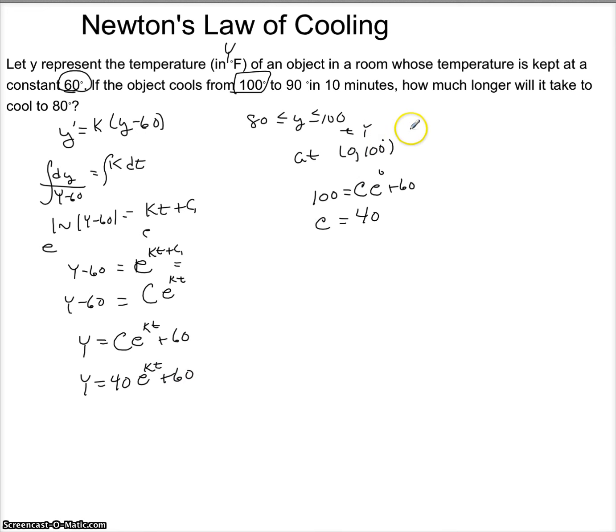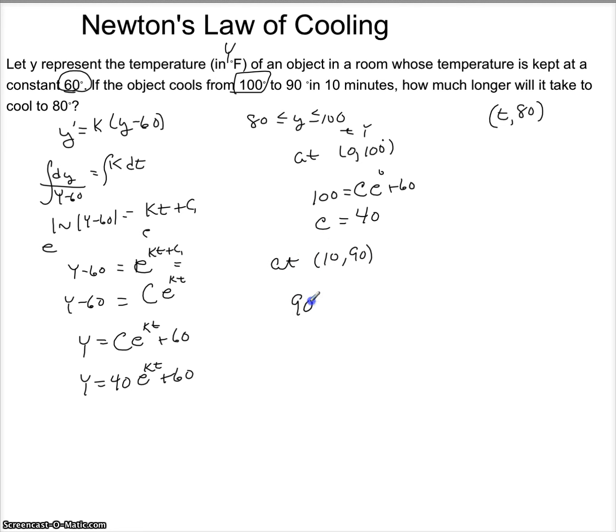Now, my next point is at 10 minutes, I'm at 90 degrees. We're looking for how much longer it's going to take, so I'll just find out what time it will be at 80 degrees, and we can find how much longer. At t equals 10, y is 90. So let me see if I can find k here.